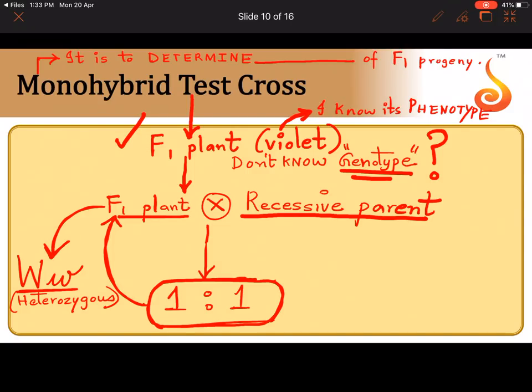How can it be phenotype? Violet, you're seeing it already, so you know the phenotype is violet, but you don't know whether it is heterozygous or homozygous. So it is used to determine the genotype of the F1 progeny. Here, using this cross, we determined the genotype of the F1 progeny. We got a ratio of 1:1, so that means the F1 progeny has the genotype capital W, small w, heterozygous. Did you understand the logic behind the test cross?